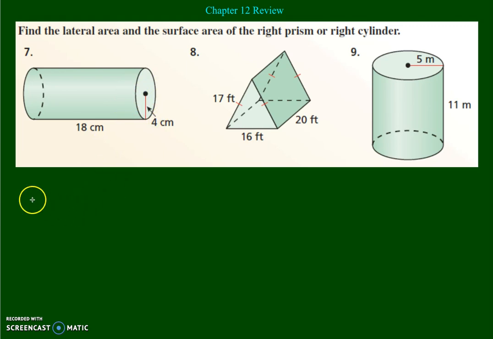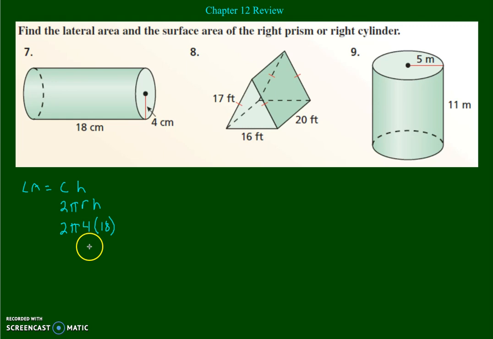So let's begin here. We know that lateral area is equal to circumference times height. Circumference is 2 pi r, times the height. We have a radius of 4 and the height is 18. So this is 2 pi 4 times 18.